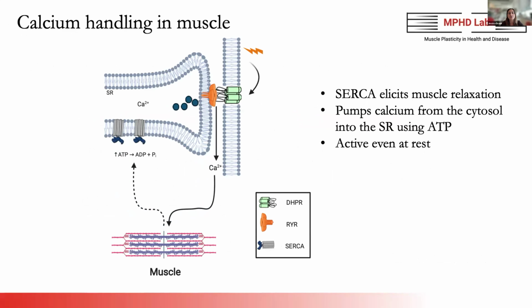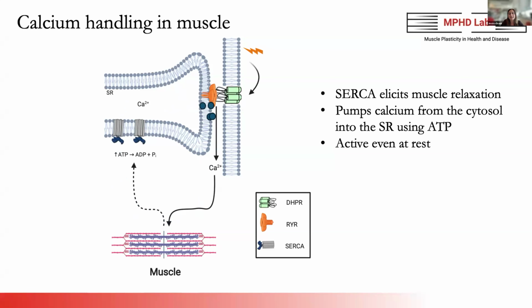In order to elicit muscle relaxation, the calcium must be removed from the cytosol, and this is actively done by SERCA pumps. SERCA pumps are vital for eliciting muscle relaxation, as well as maintaining low intracellular calcium levels. And I'm sure a lot of people are familiar, prolonged elevated calcium concentrations can become quite damaging to the cell, and in muscle could lead to weakness and atrophy.